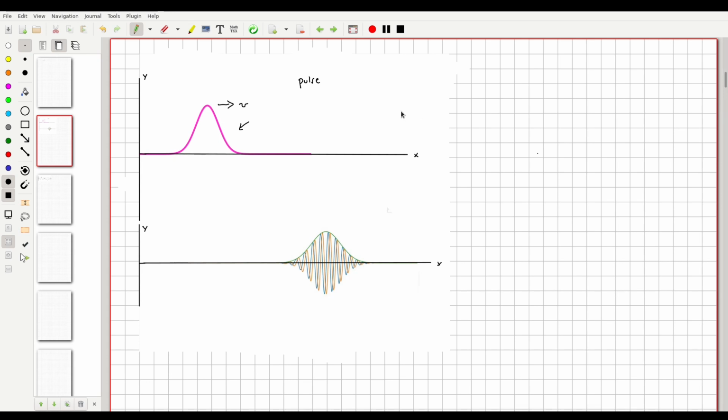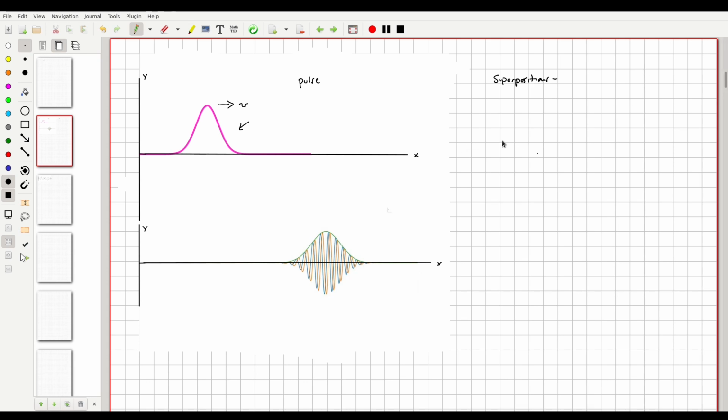Okay? Now, we also know, from our discussion about the properties of waves, that waves can interfere to create bigger or smaller waves. We see that happen a lot in nature. And in fact, many of the waves that we see are what we call superpositions.